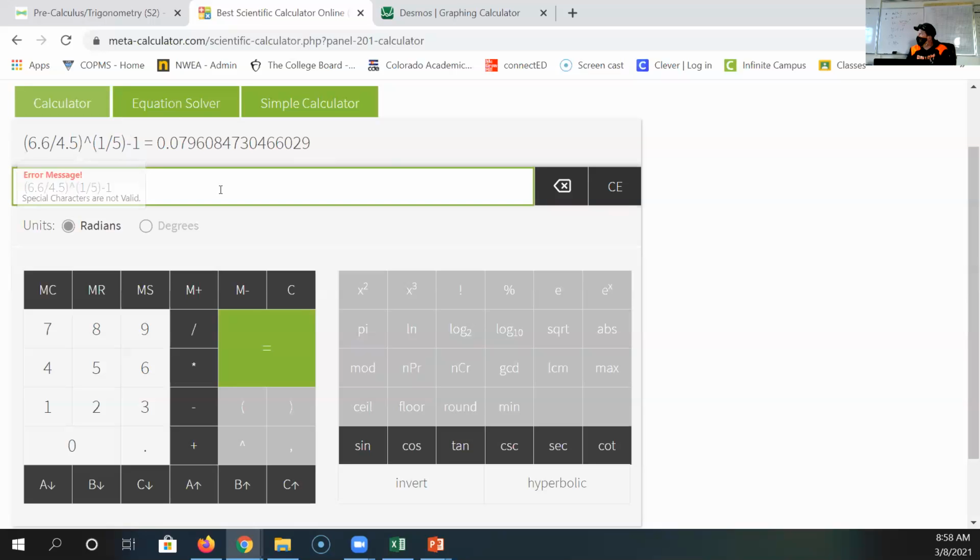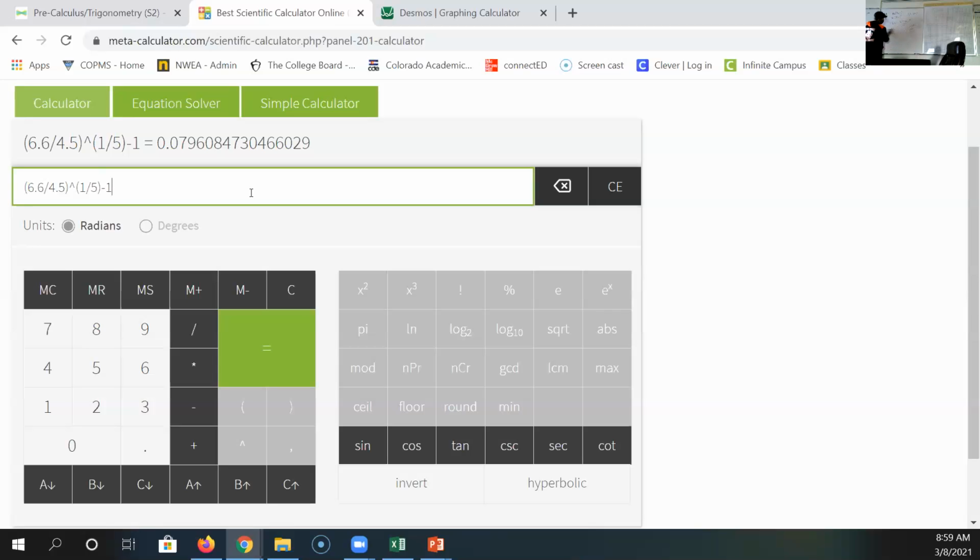Minus 1. You can see my growth factor is 0.0796. So if I round that up, that's going to be roughly 8%. 0.0796, rounded up, 3, can't round up 9, so that turns into 0.08. Okay, so 8% is my growth rate.